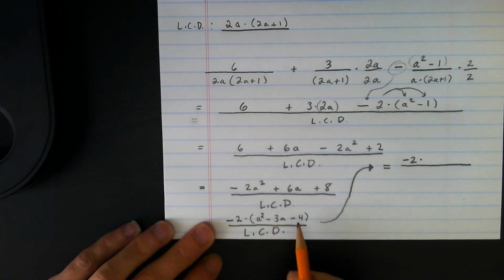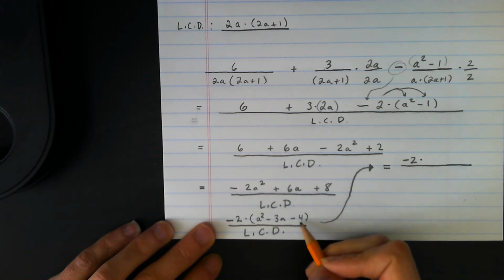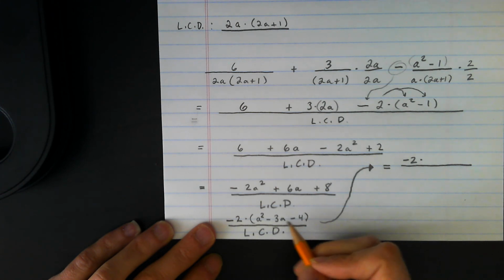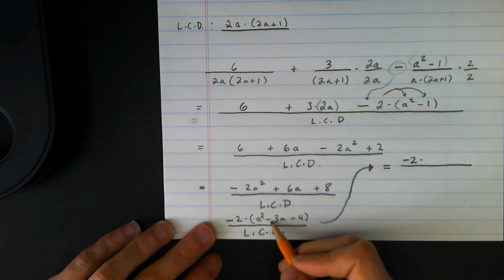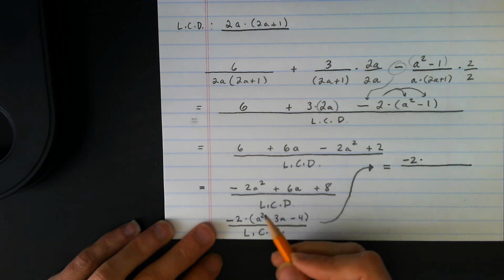Okay, now if I factor this, it's a trinomial. It's the simple type, where if I can find the factors of c that add to my b value, I can just use those to factor it. So what factors of minus 4 add to minus 3?